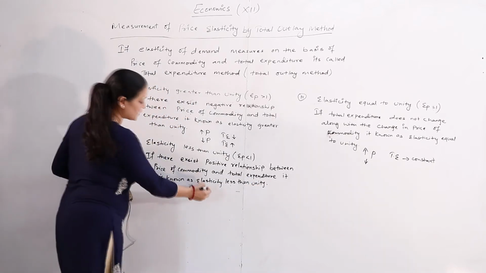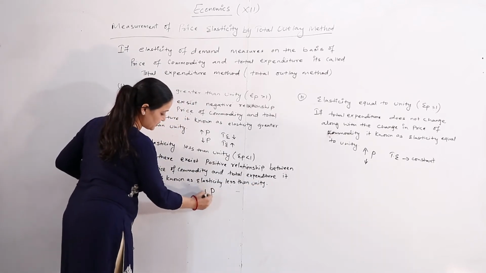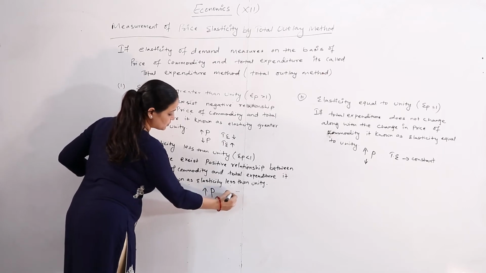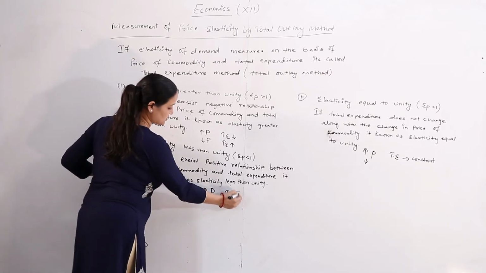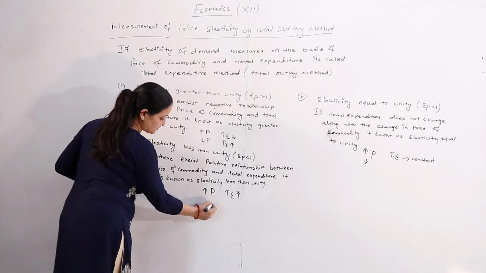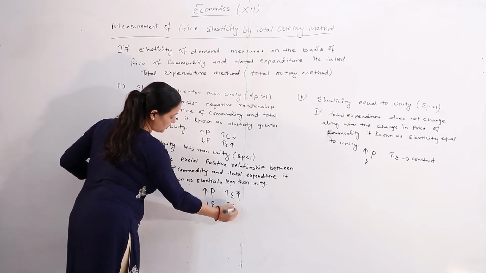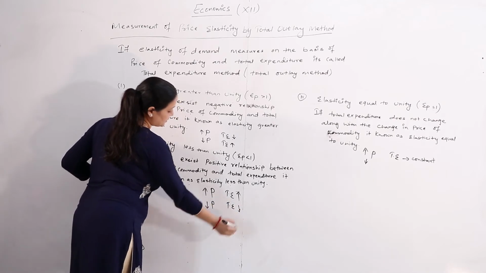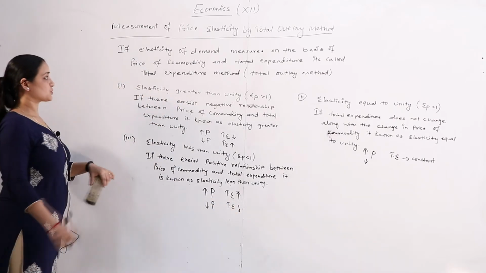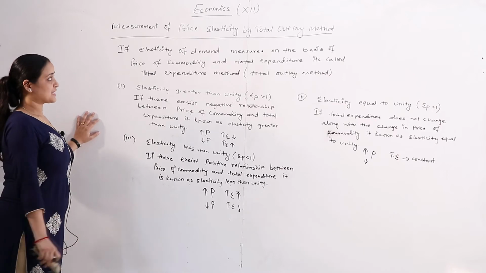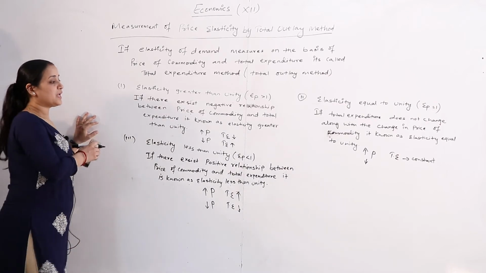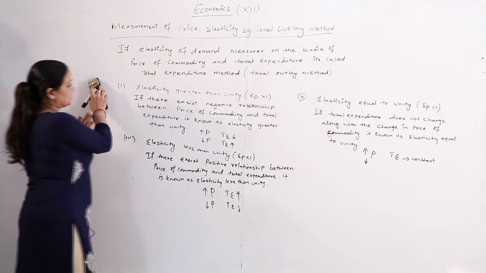It means when the price of the goods and services increases, the total expenditure also increases. When the price decreases, the total expenditure also decreases. Here are the three statements that show the measurement of the price elasticity through the total expenditure method.